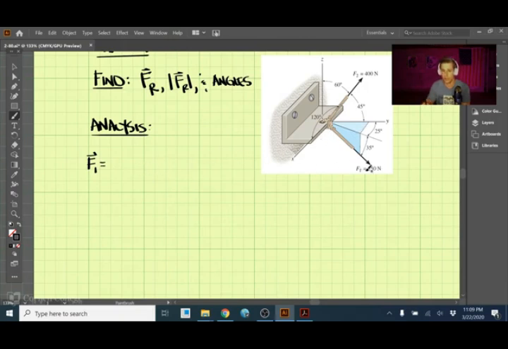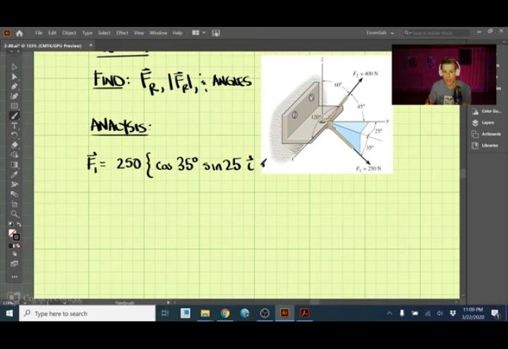So we know the total magnitude is 250, so 250, and that's going to be multiplied by, let's see, cosine 35 degrees, sine 25 degrees, and that's going to be in the i direction.